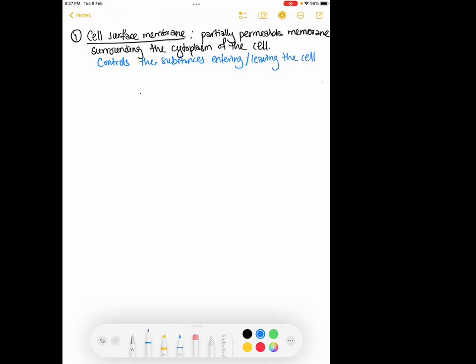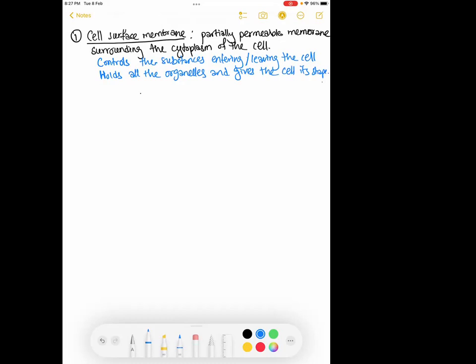Do you know any functions of the cell surface membrane? It holds all the organelles and gives the cell its shape. Basically, it acts as a boundary, as a wall.